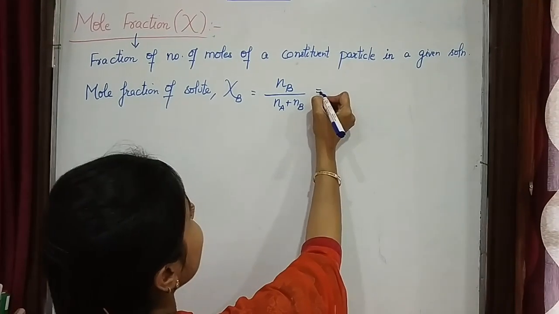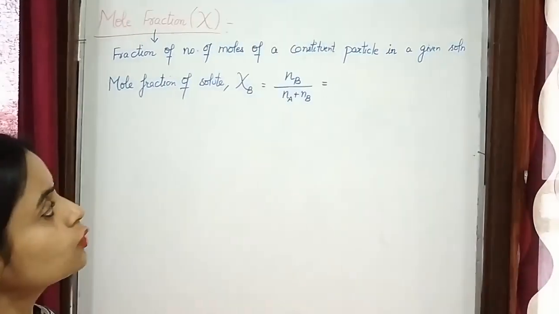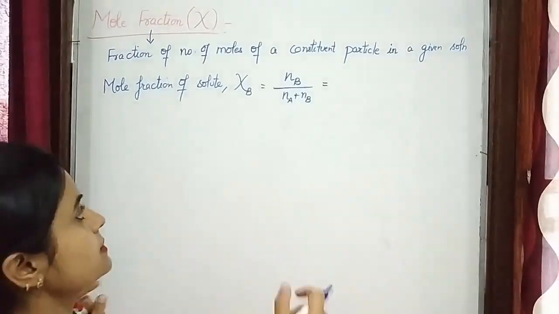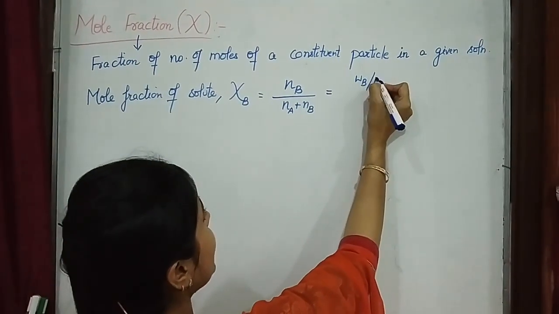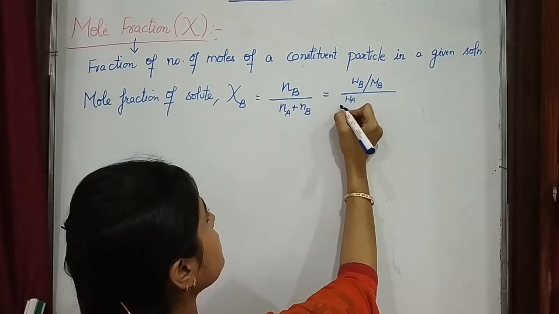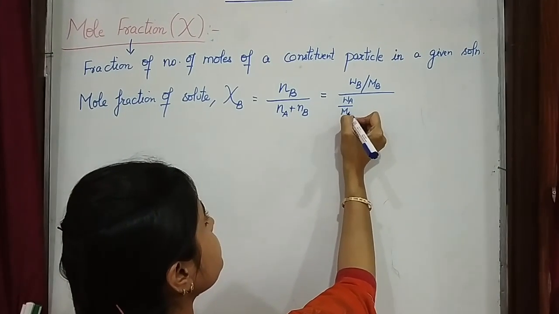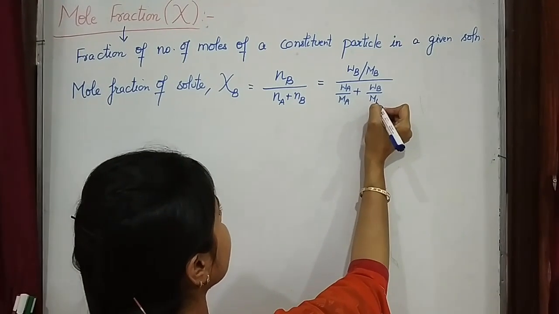Or you can write here, because we know that number of moles is equal to mass upon molar mass, so we can also write Wb upon Mb divided by Wa upon Ma plus Wb upon Mb.